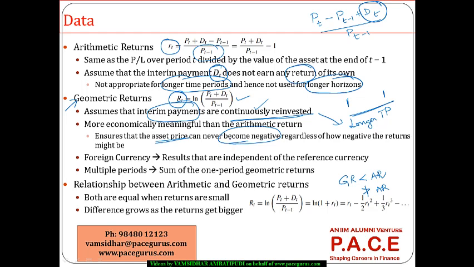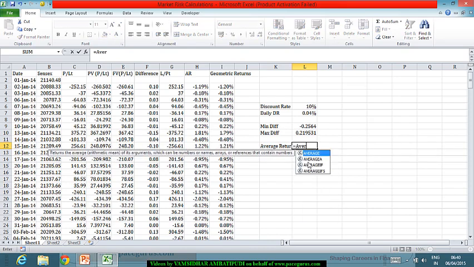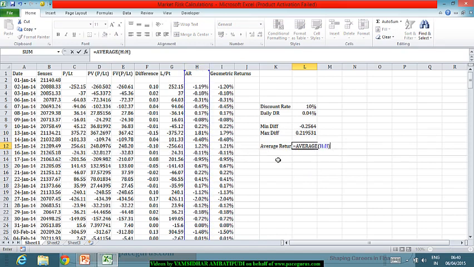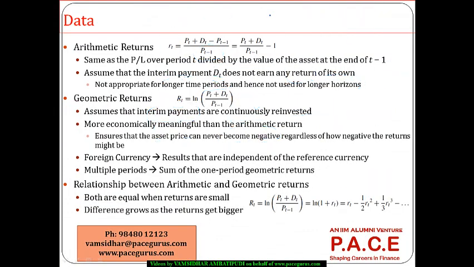If I am looking at multiple days and want to find the average return during the time period, if I am taking the arithmetic average of these returns, what is the calculation?